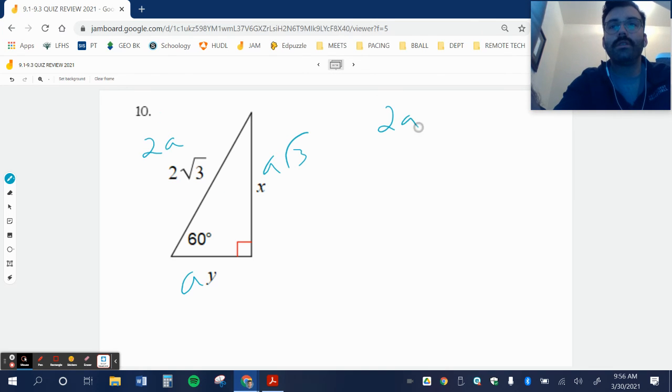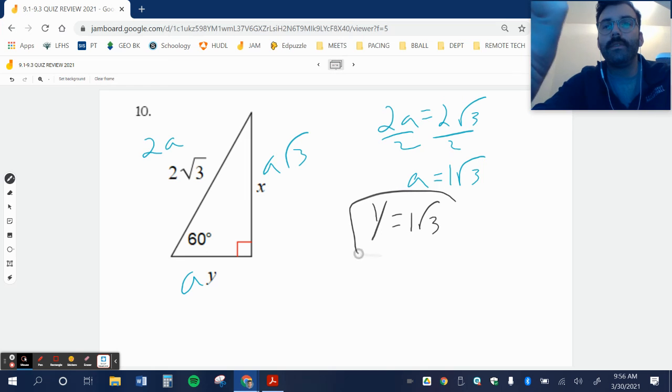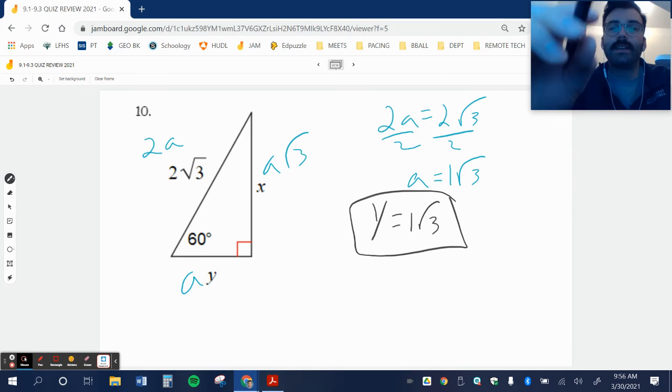So I'm going to show this work. 2A is 2 root 3. So I divide both sides by 2. A is root 3, or I'm going to say 1 root 3. That tells me right away that Y equals 1 root 3. Boom, I'm done. X might be a little bit longer.